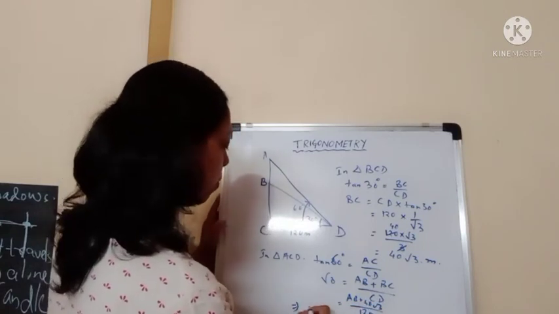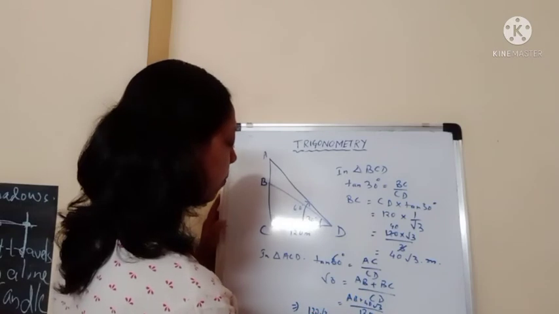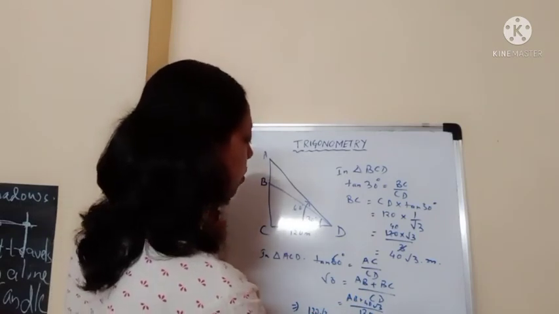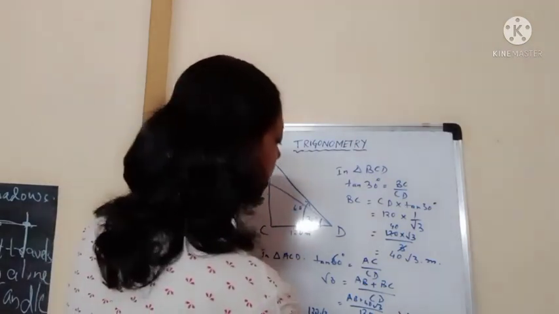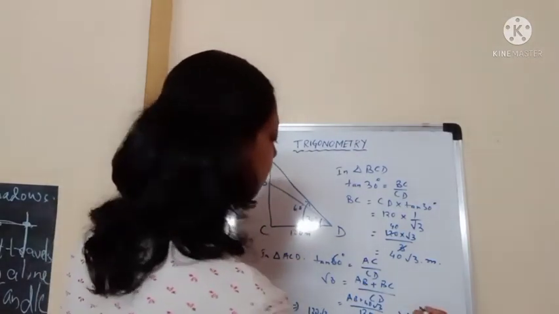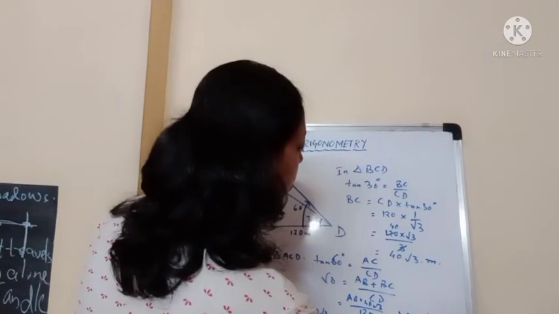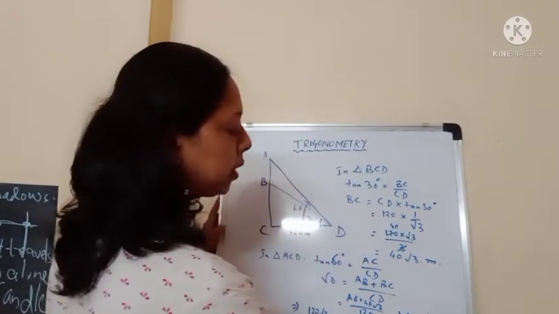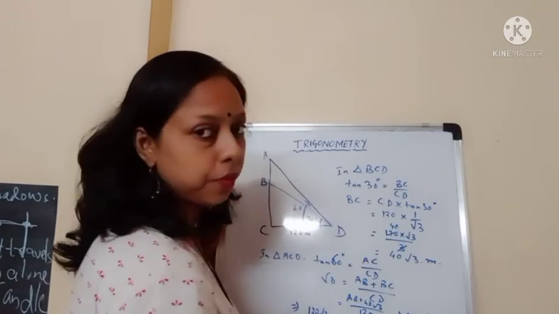So 120 √3 equals AB plus 40 √3, which gives AB is equal to 120 √3 minus 40 √3. These two can be easily subtracted because both of them are multiplied with √3.